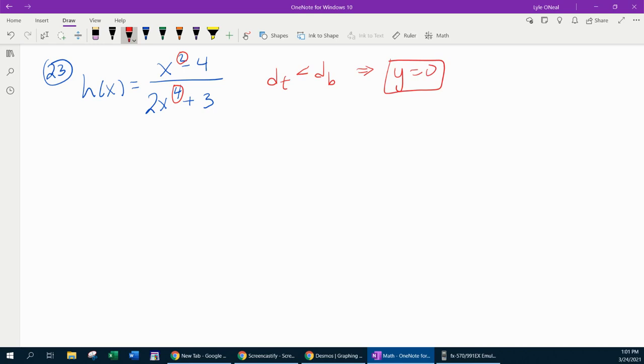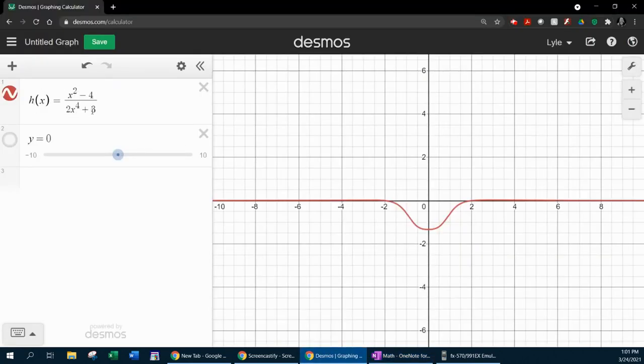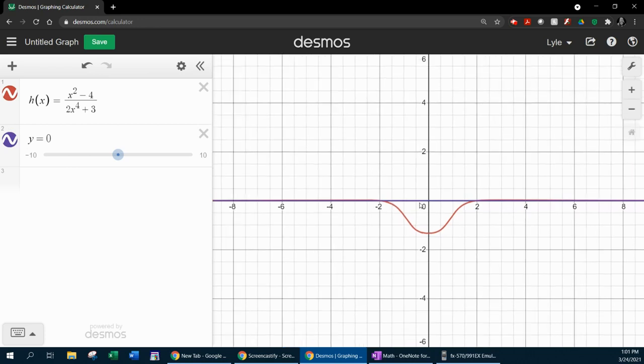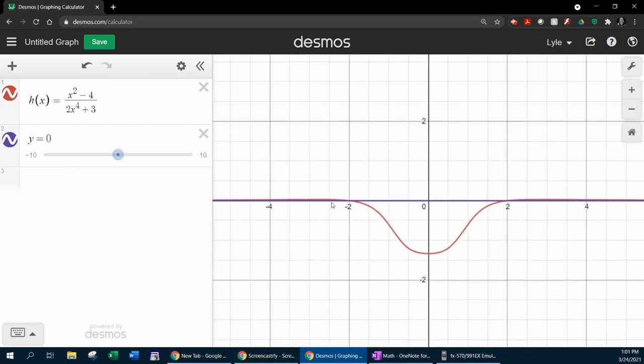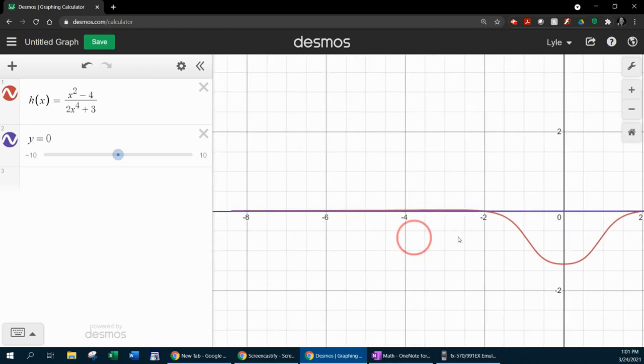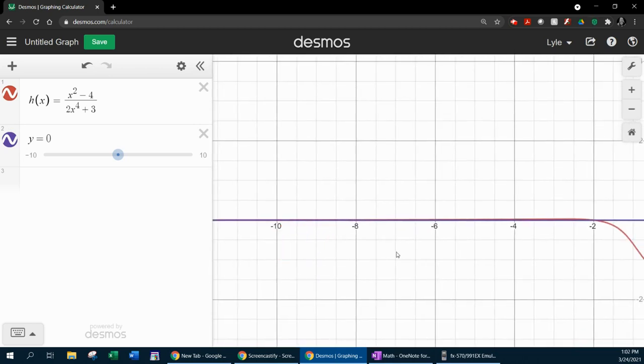Now, in order to verify that, if I go to Desmos, again, I've already got the function typed in, and I put my horizontal asymptote. When I turn it on, you're going to see that it shows up here, and that the graph approaches on both sides. Do you see as I go out, the graph approaches?